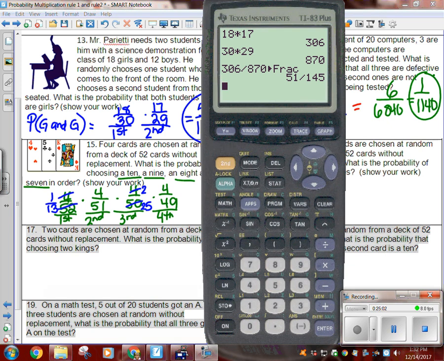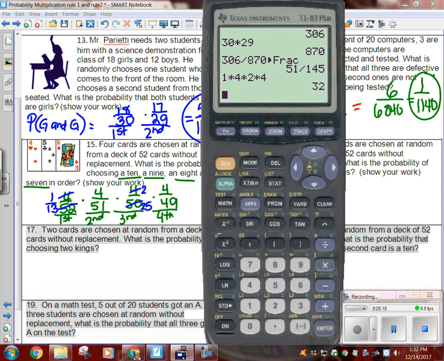So number 15 is giving me great big numbers. We're going to reduce the fraction. So 1 times 4 times 2 times 4. I got 32, and then I have 13 times 51 times 25 in the denominator times 49. I got 32 over, I don't know that that reduces, 812,175.